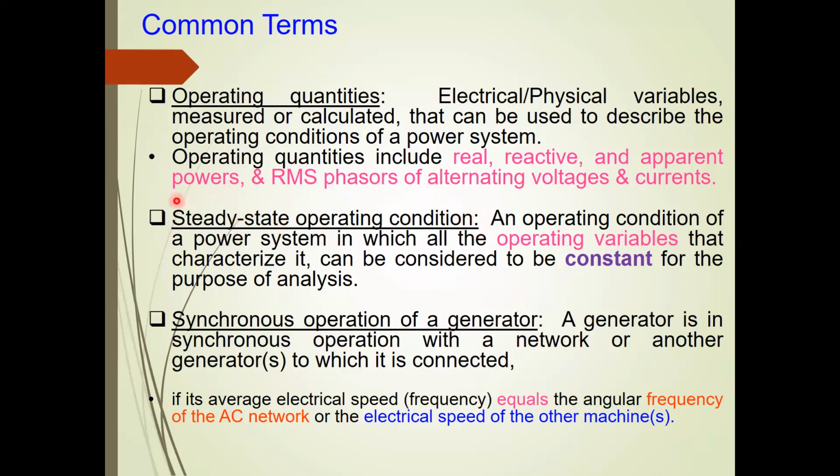When we say steady state, that means a condition for a power system for which the operating variables, like voltage, current, generator power or power generation, load demand, bus voltage, everything, which characterize the system behavior, are constant.